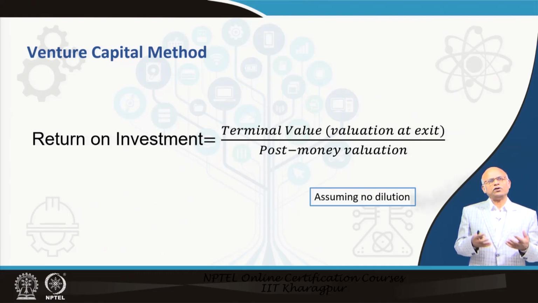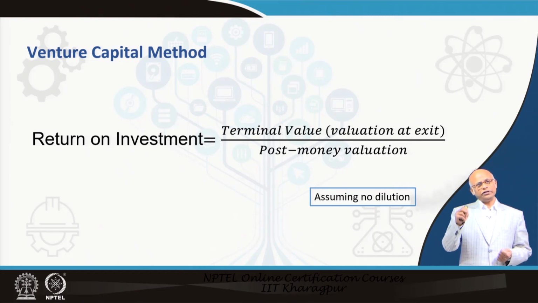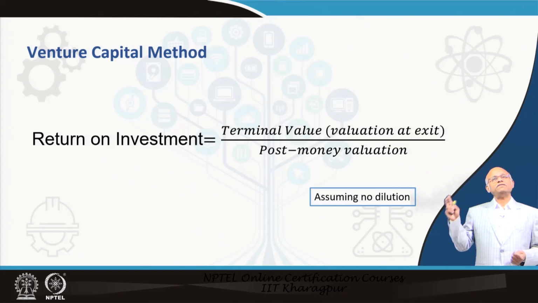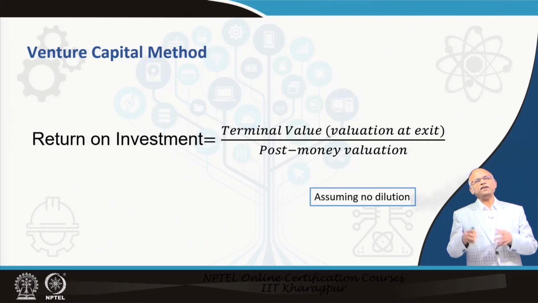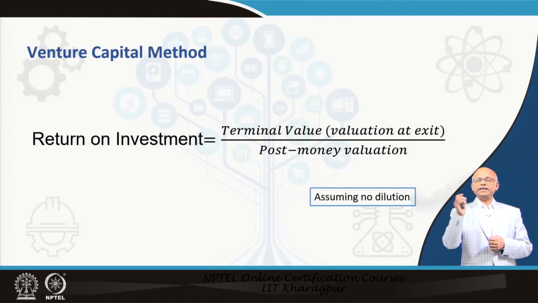We will be feeling comfortable with a return on investment of 20x. By this, they mean two things. One is they will exit at the end of 5 years, and they are expecting a value of 20 times their investment.